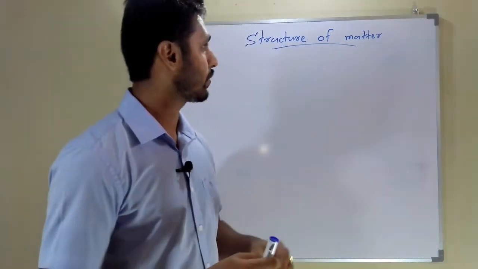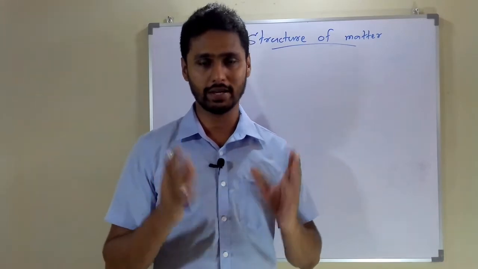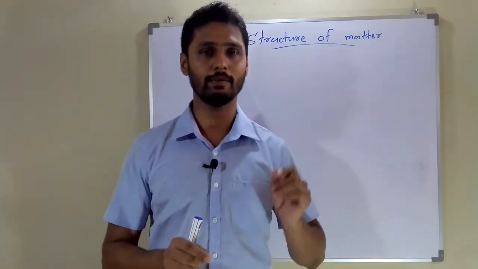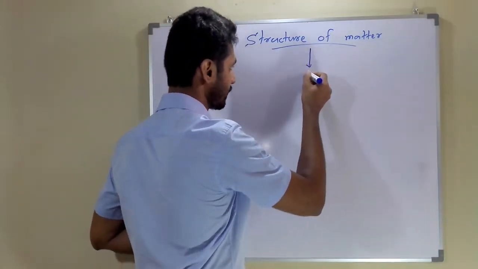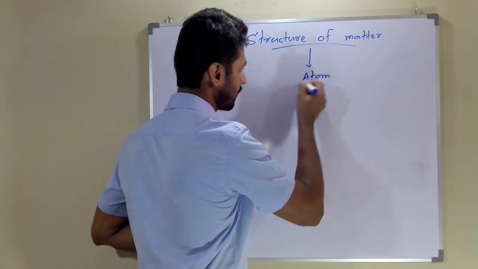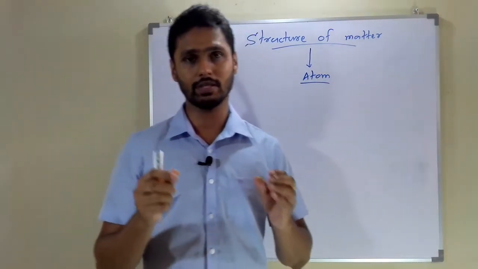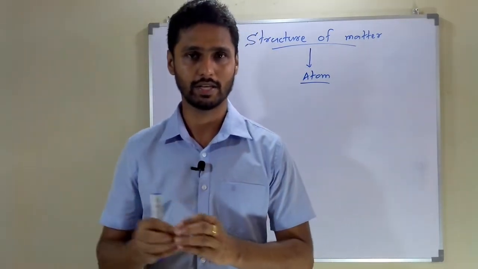Let's see. So this matter is composed of atoms. So atom is the building unit of matter. So we need to know about the atoms. An atom consists of subatomic particles.